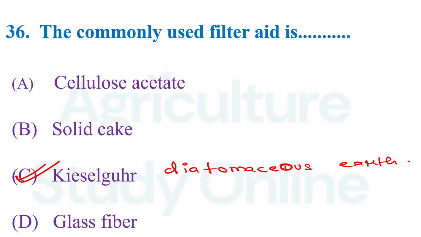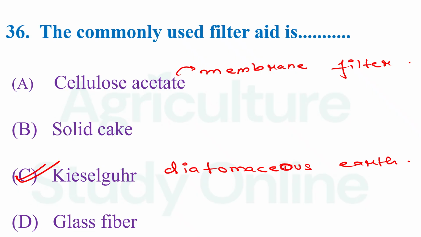Cellulose acetate is used as a membrane filter. Not a typical filter aid.